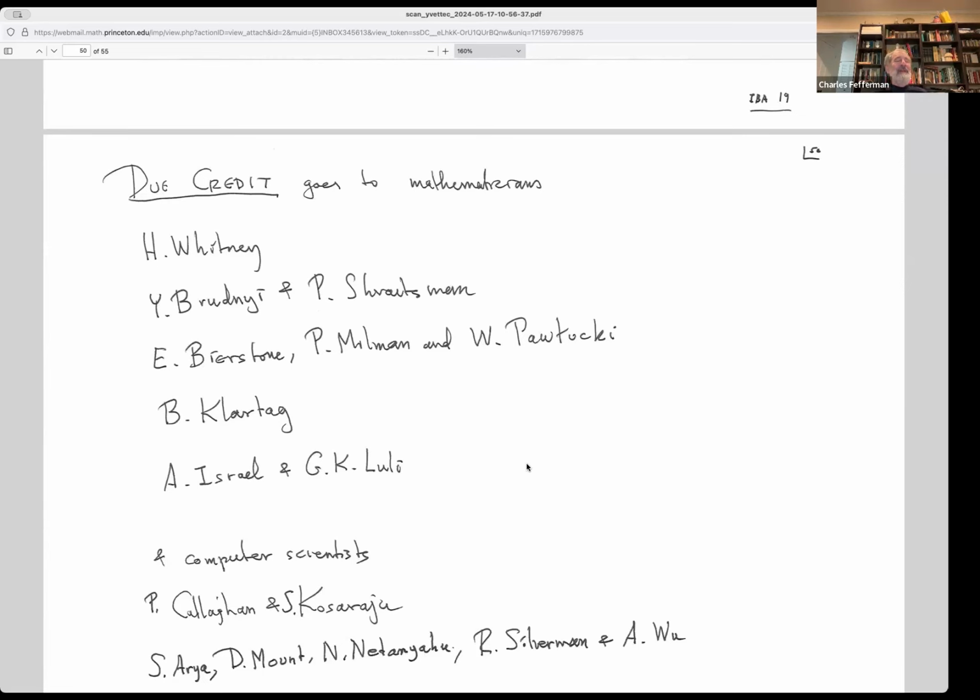The math behind the algorithms goes back ultimately to several papers of Hassler Whitney in 1934, to the two Israeli, previously Soviet mathematicians, Yuri Brudny and Pavel Shvartsman, to a French mathematician of the 1950s, whose name I unpardonably forgot to write down, Georges Glaeser, then to Canadian mathematicians Ed Bierstone and Pierre Milman, and the Polish mathematician Wiesław Pawłucki.